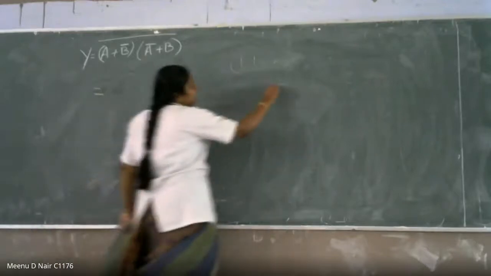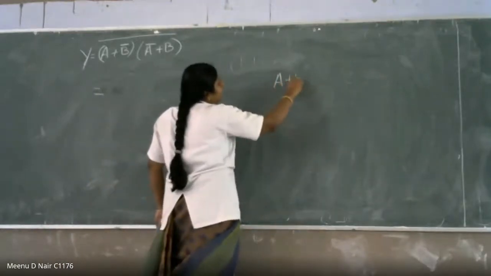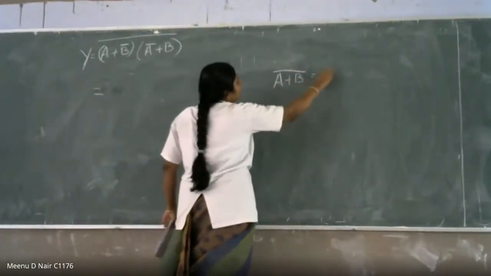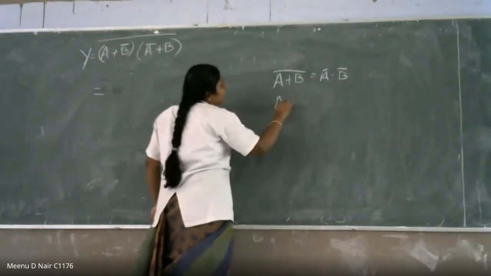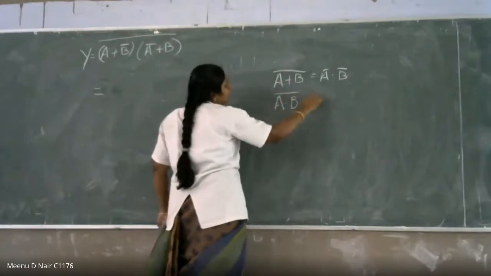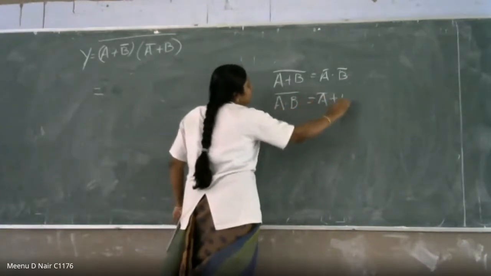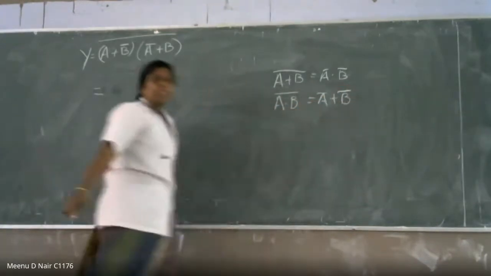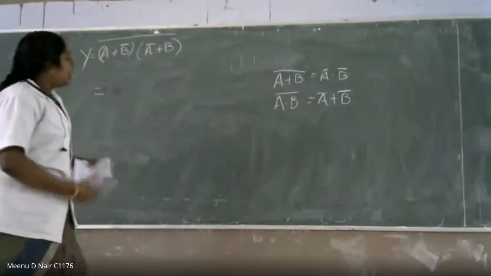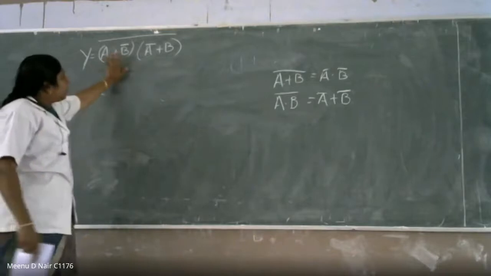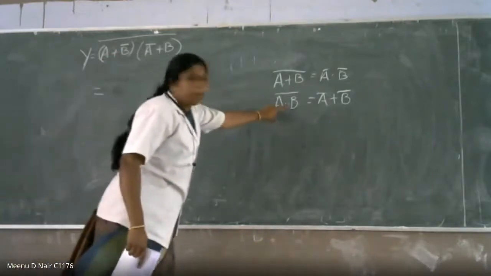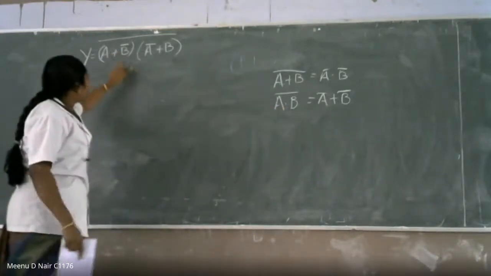De Morgan's theorem says that A plus B whole bar is equal to A bar into B bar. Similarly, A into B whole bar is equal to A bar plus B bar. Right? This is nothing but De Morgan's theorem. Now, this is in terms of a product term, A into B whole bar.